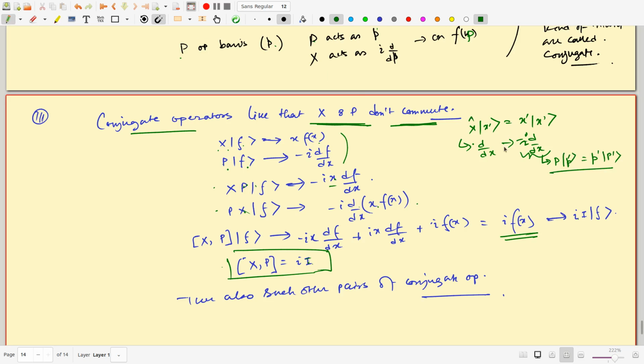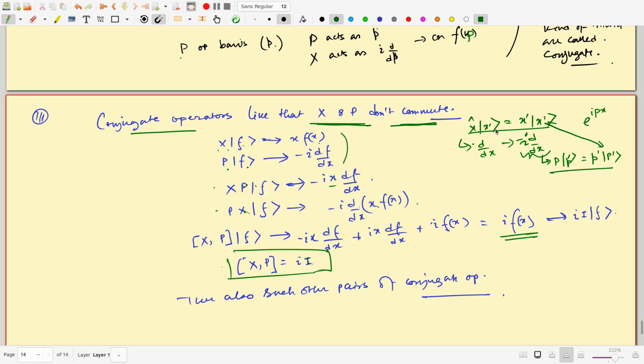The transformation from one eigenket to the other can be done by a Fourier transform, which is equivalent to expanding an arbitrary ket in a basis of plane waves.